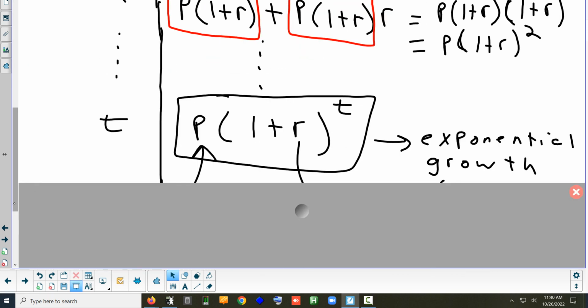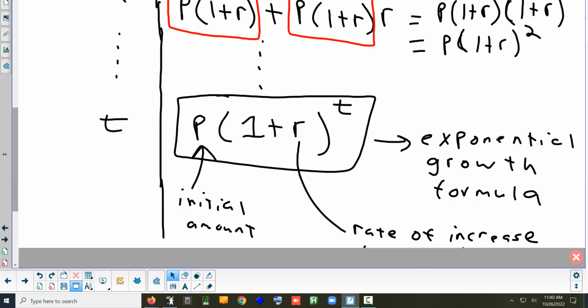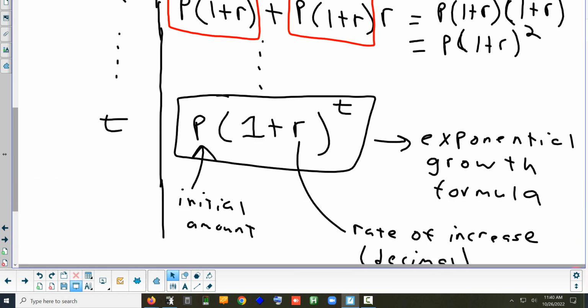which is P times 1 plus r to the t. Yeah, that's a 1. So this is called the exponential growth formula. It has 3 variables in it. The P is an initial amount.